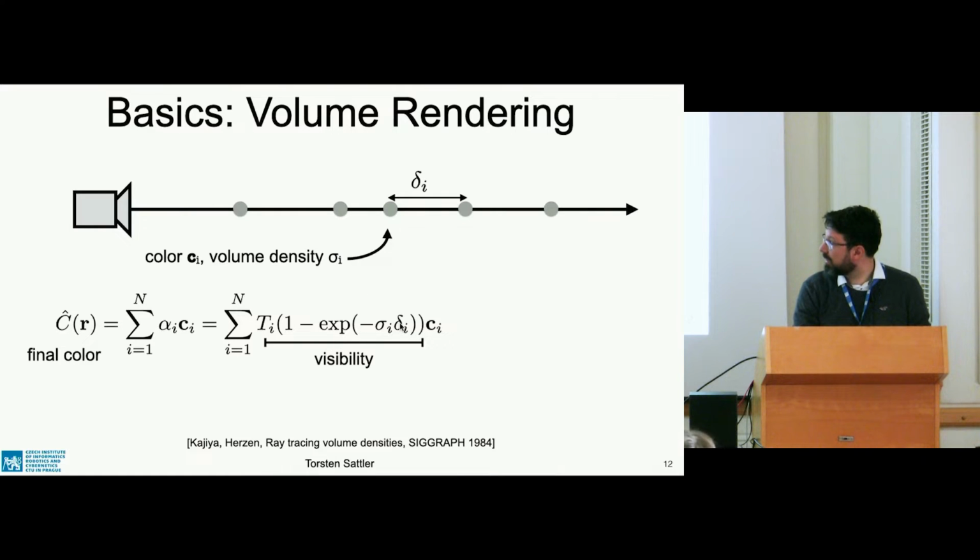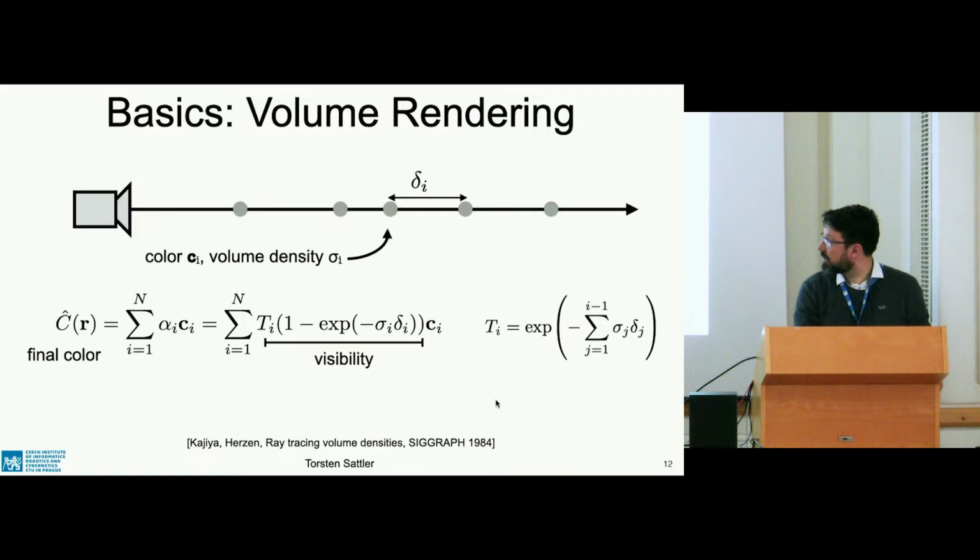And essentially what happens is that if you are in an occupied part of the space, meaning sigma_i is a large value, then this part becomes small, and you have something that's close to 1, so you give a high weight to this. If you're in a non-occupied part of the space, then the sigma value is close to 0, meaning the exponential is close to 1. This cancels out, and you get very, very little weight.